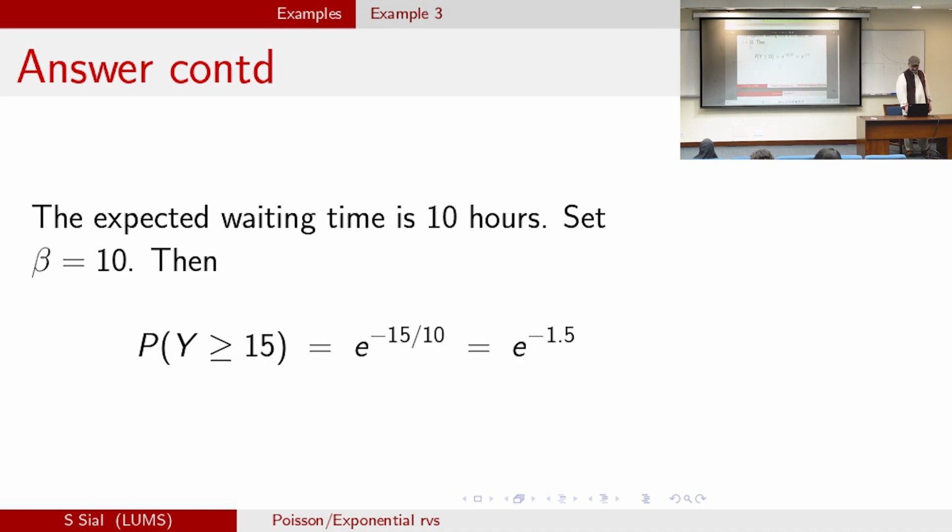Is lambda 10? No. We have 1 power failure every 10 hours, so the expected amount of time between power failures is 10. We expect 1/10 of a power failure per hour, so lambda is 1 over 10.